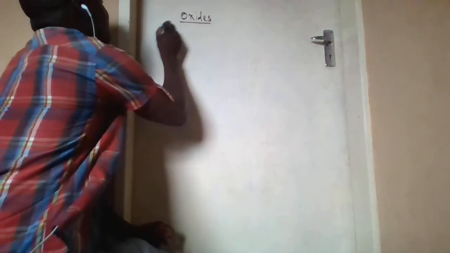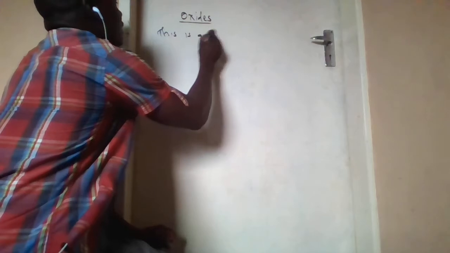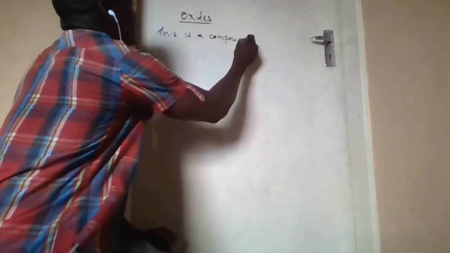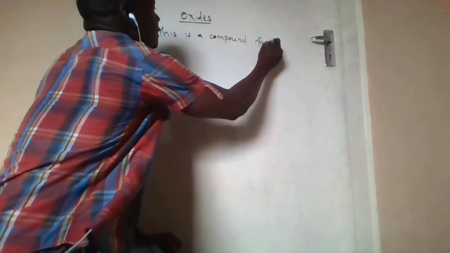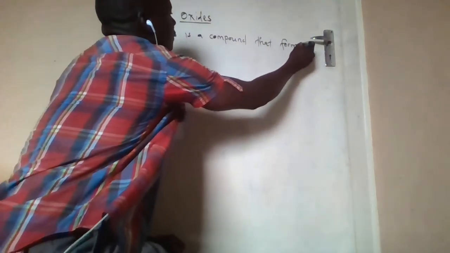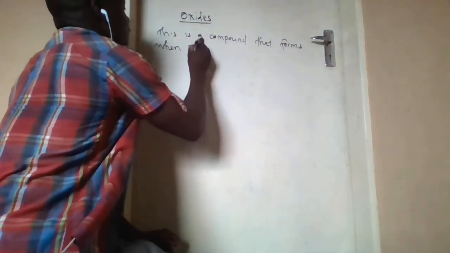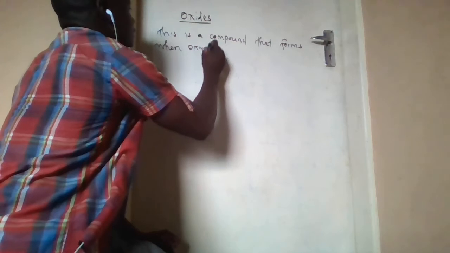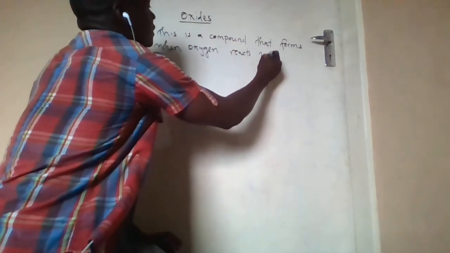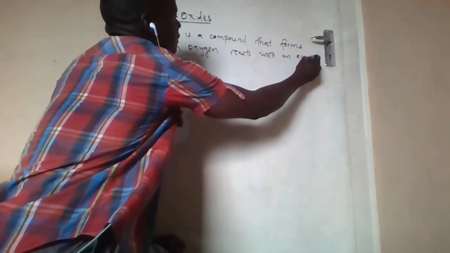An oxide is a compound that forms when oxygen reacts with an element.